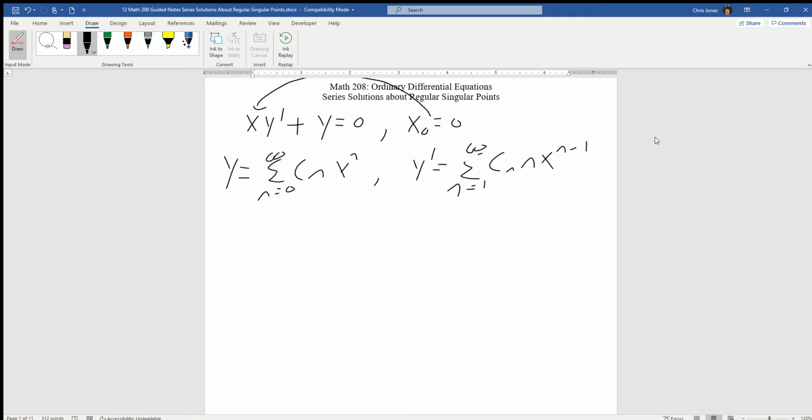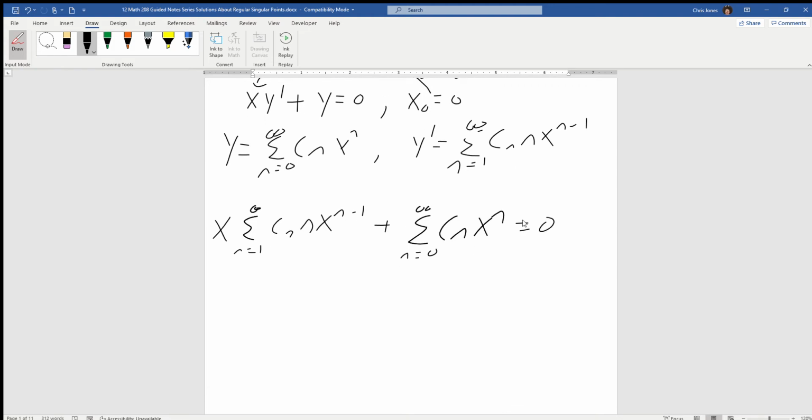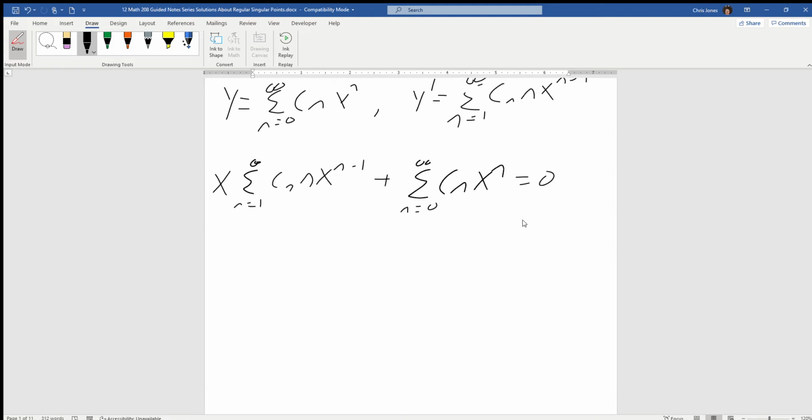And so our original differential becomes x times the series n equals 1 to infinity, c sub n n x to the n minus 1, plus the series n equals 0 to infinity, c sub n x to the n, equals 0. Now, we can do two things.